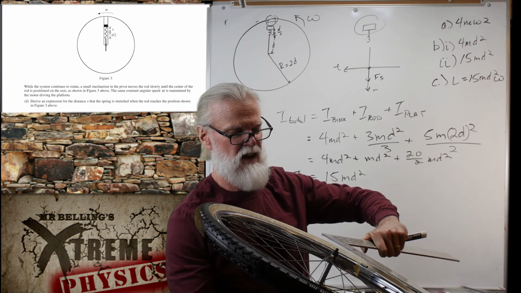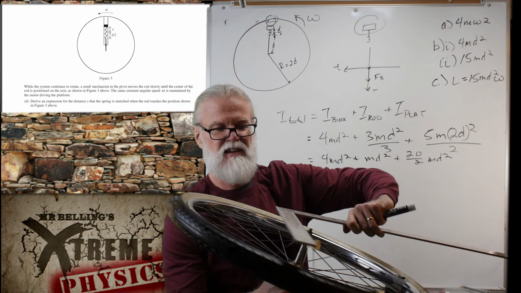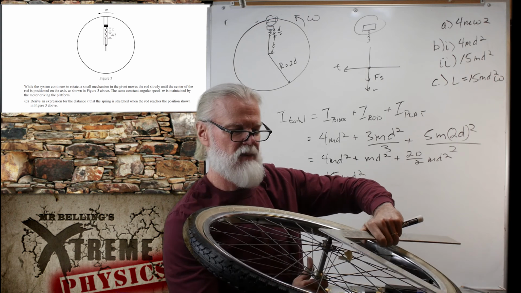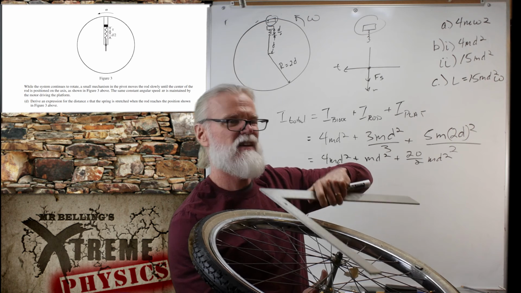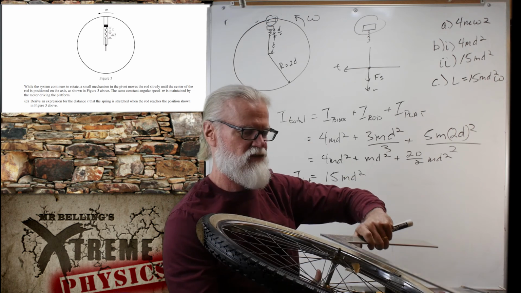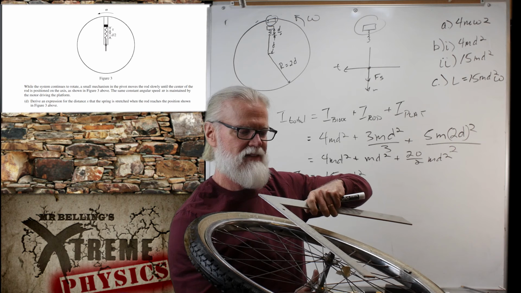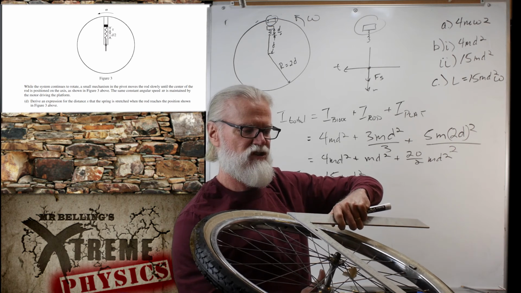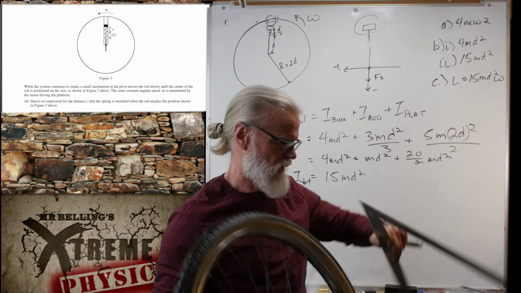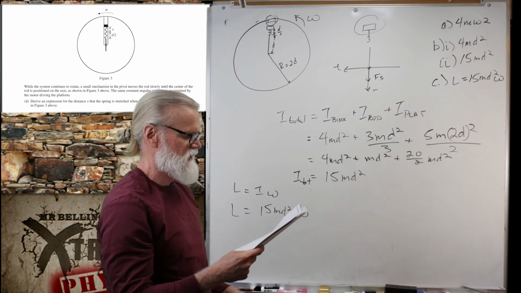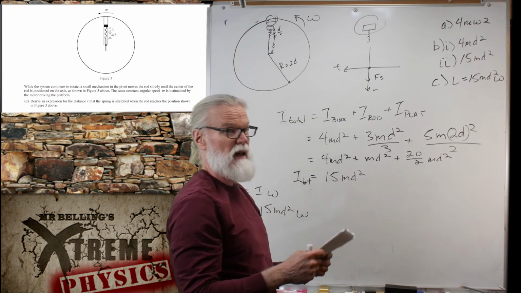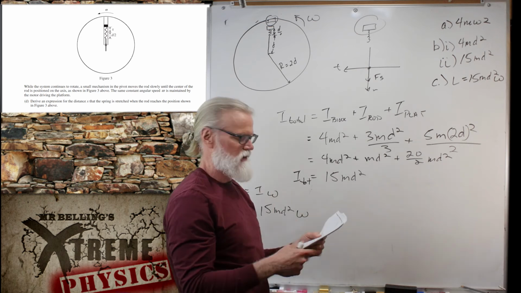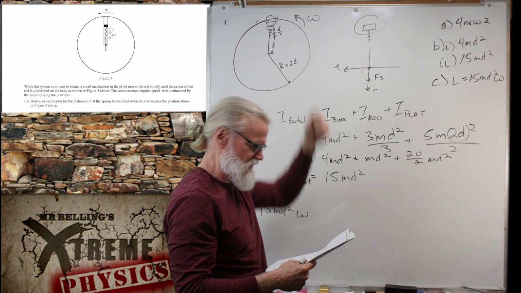So this is going around a circle like that, right? And what's going to happen is this rod is going to start moving in like that, and it's going to start pulling the whole spring mass thing in like this as it's rotating. While the system continues to rotate, a small mechanism in the pivot moves the rod slowly, so it's not giving it any sort of significant yank.